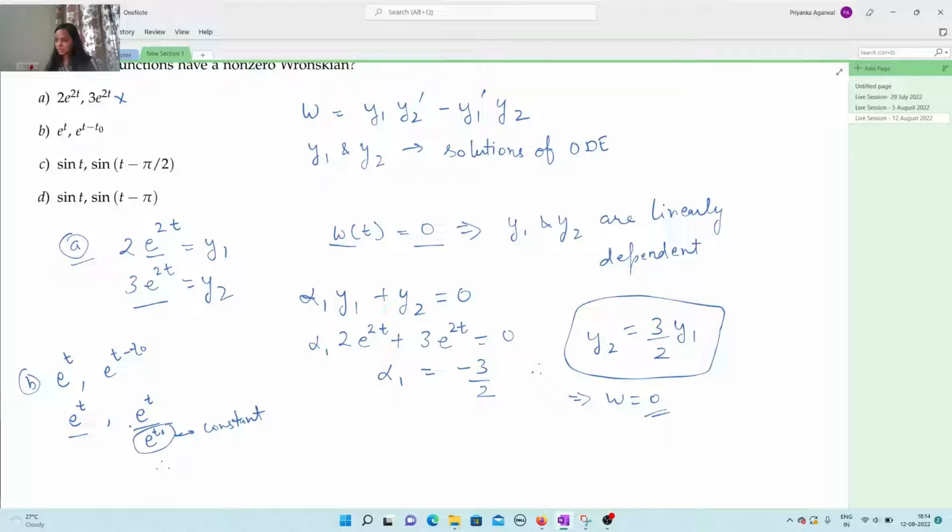Okay. Therefore, now these are sine and cos functions. Therefore, these are linearly independent, and therefore the Wronskian will be non-zero. So this is the correct option.